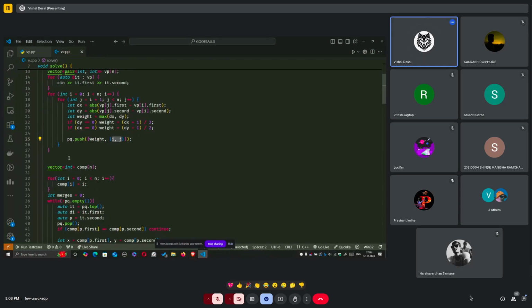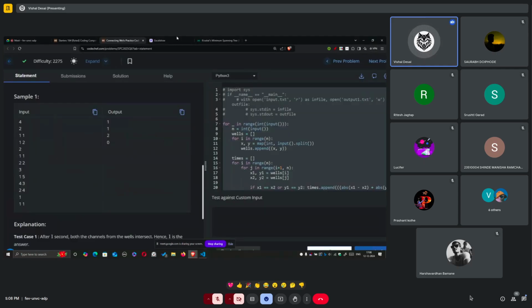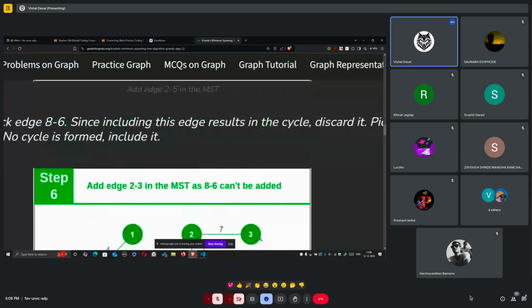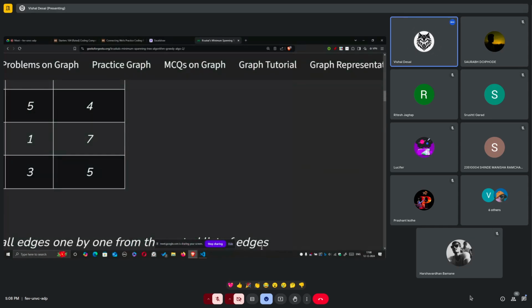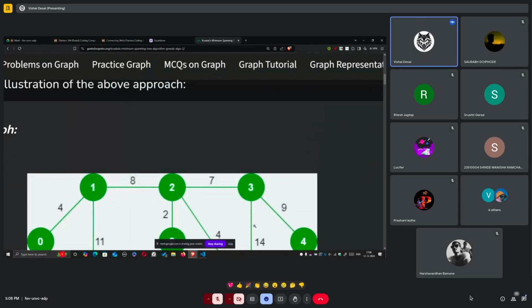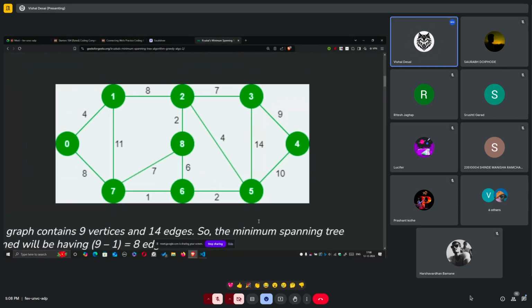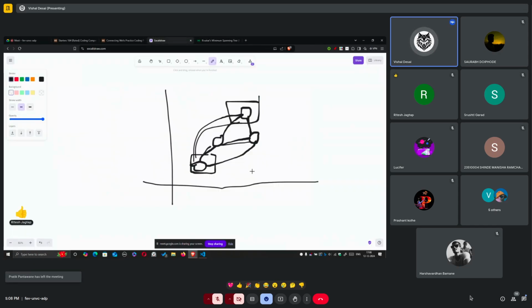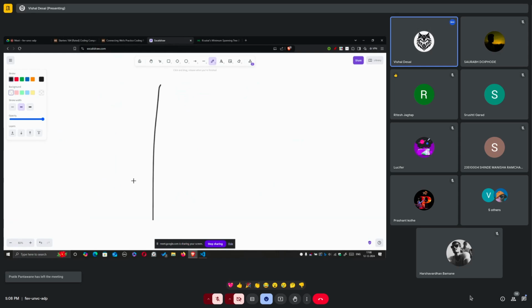So what we were basically doing in this one, okay, I will show you through this. Now we have calculated all of this, right? Like this, we have calculated every single distance right now.